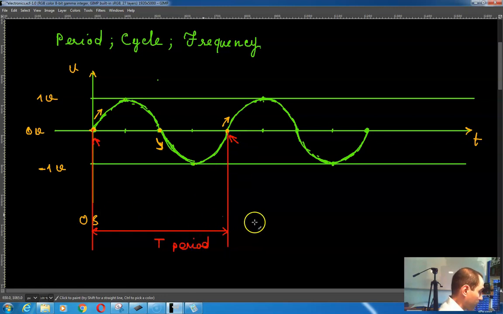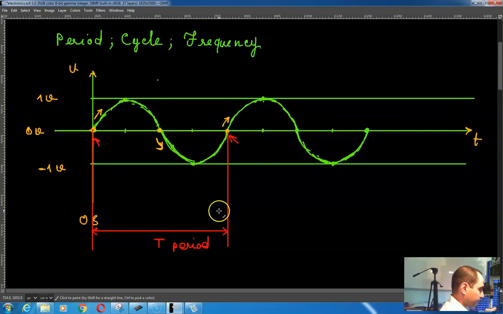It could be any interval in time, for example 5 nanoseconds, 5 microseconds, 5 seconds, 5 anything. But whatever it happens to be, the time between these two points becomes the period of your AC wave.